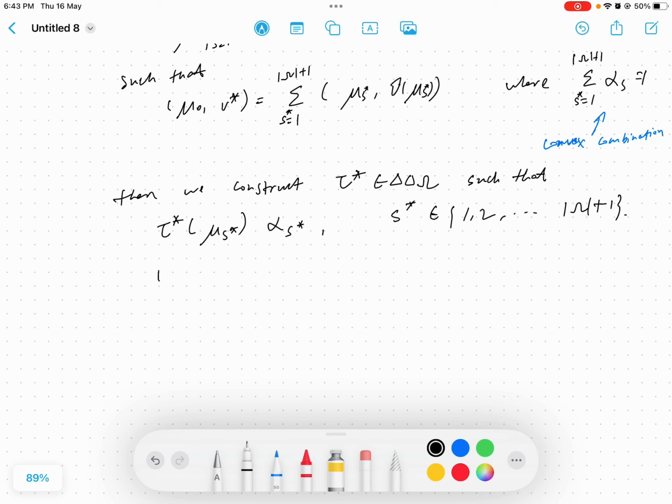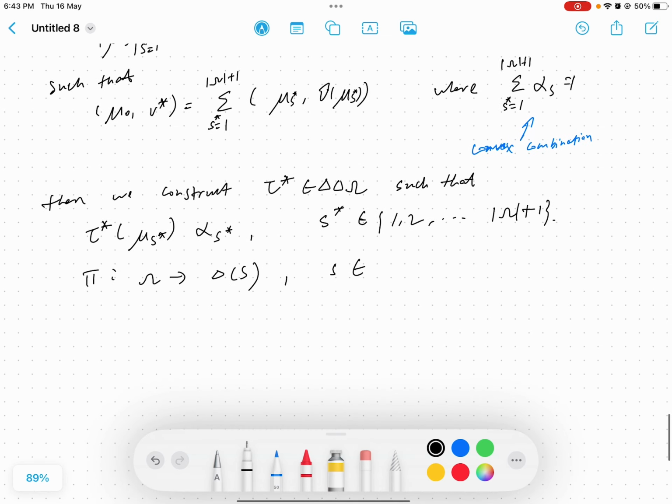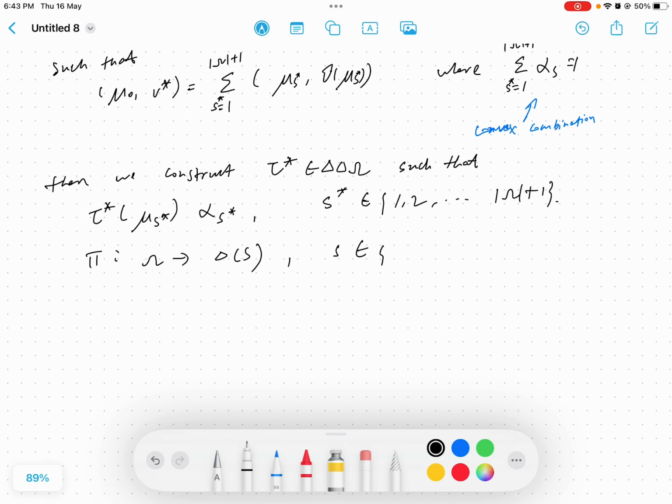And this pi is a map from omega to the distribution of the signal realizations. So now we have this S star, so we don't mix those two up. They also have the same elements here, and this construction is similar to the splitting lemma.